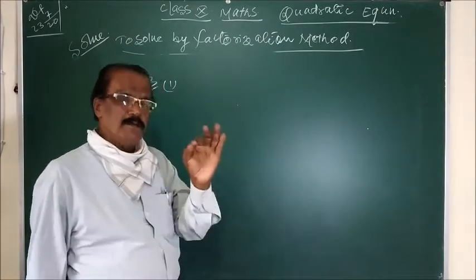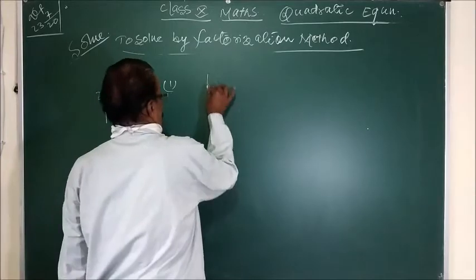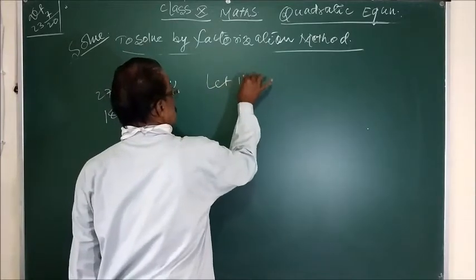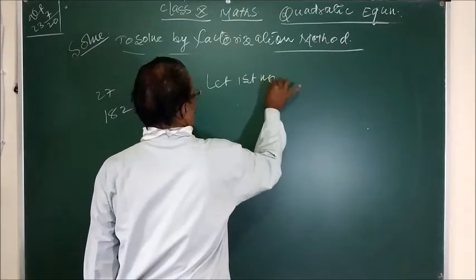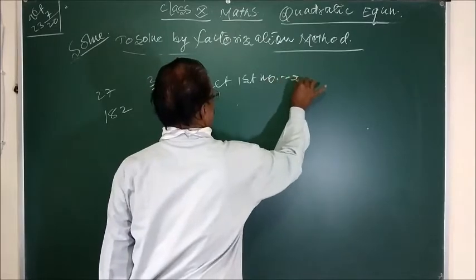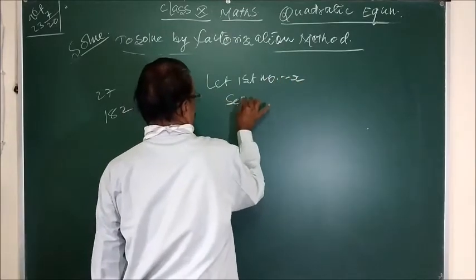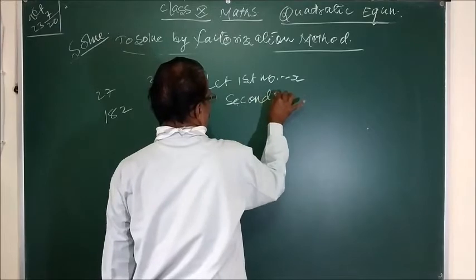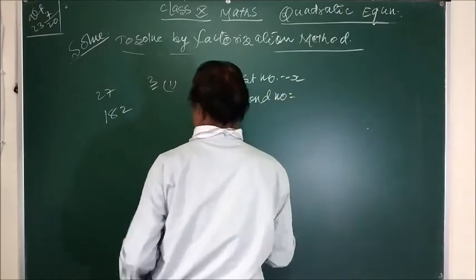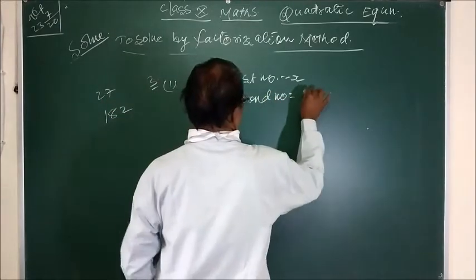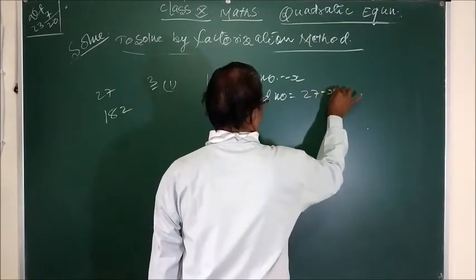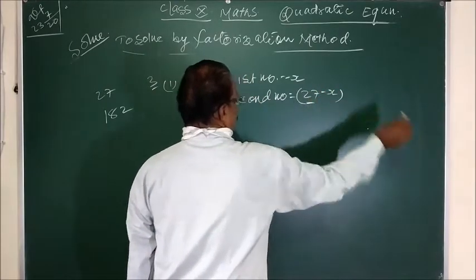The sum of two numbers. So let the first number, suppose, be x, and what will be the second number? Second number will be 27 minus x because the sum is given 27.